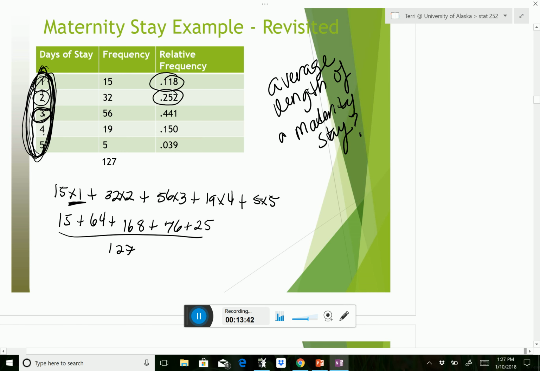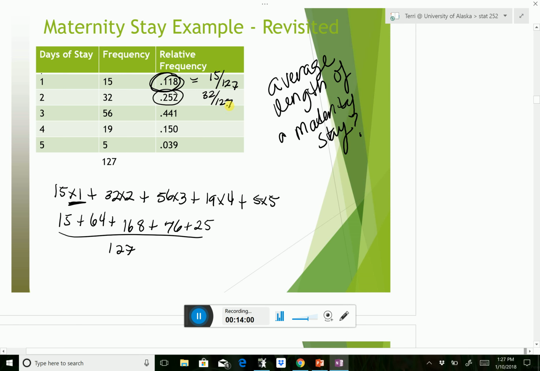So it's exactly the same thing. However, I want you to think about this a different way. These numbers over here, remember this is 15 over 127. This one is 32 over 127.